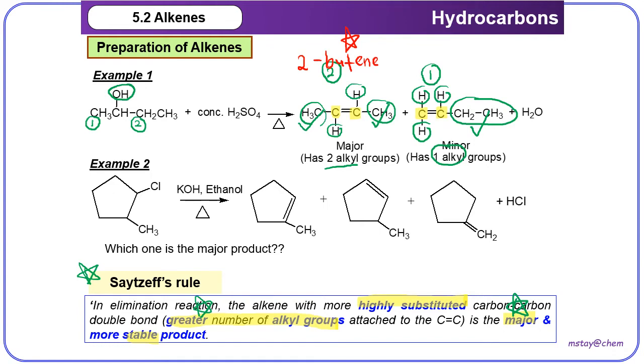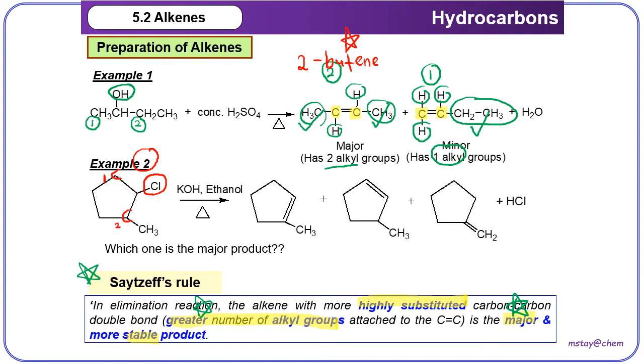Now let's look at example number 2. This is the haloalkane. The chlorine will be removed, and then we can remove the hydrogen from this carbon. We can also remove the hydrogen from this carbon.